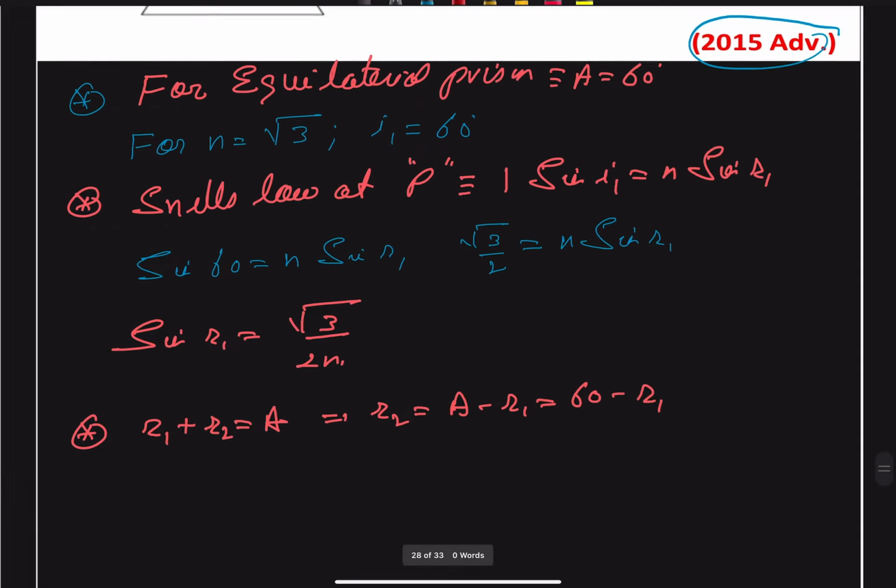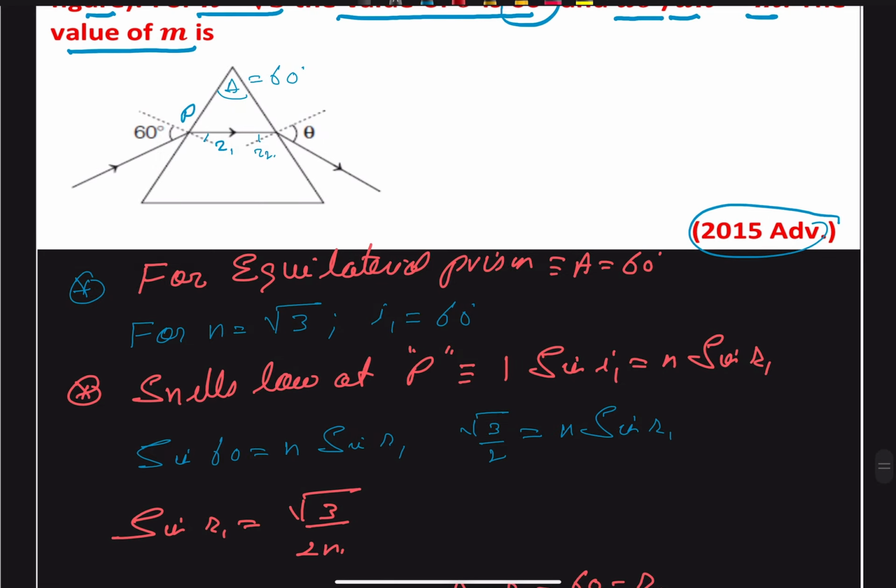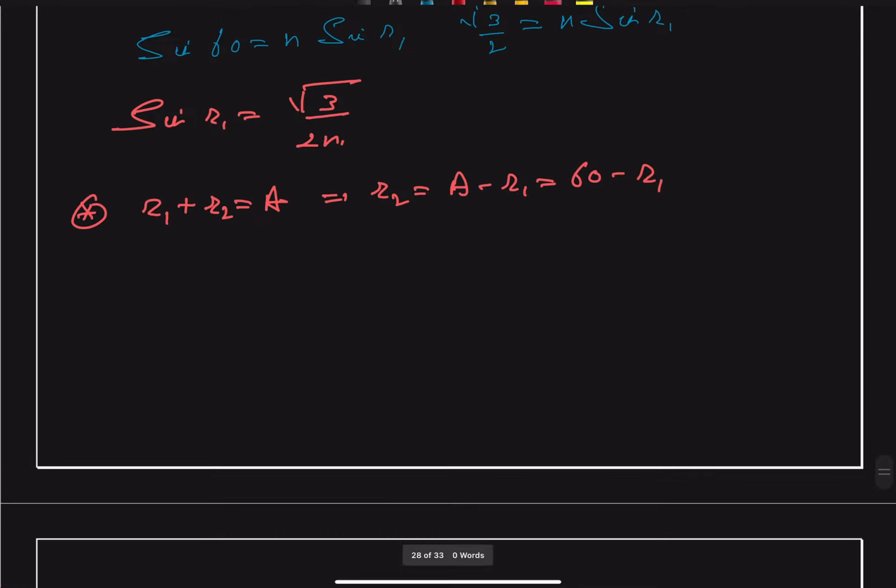Now we apply Snell's law at the second surface, that is point Q.